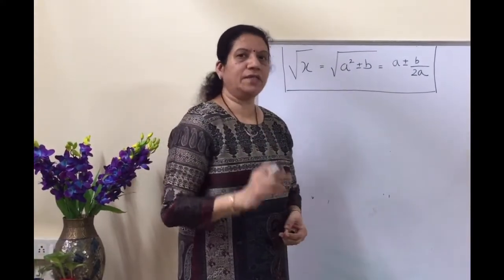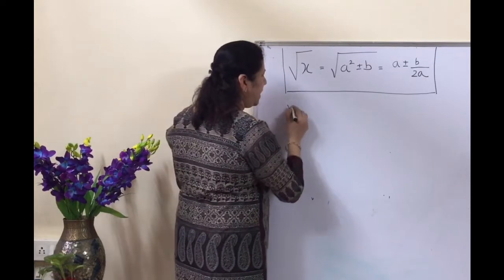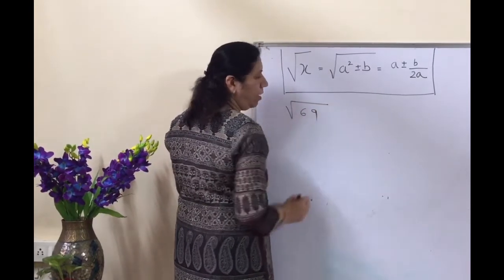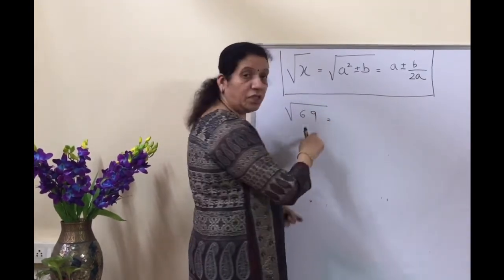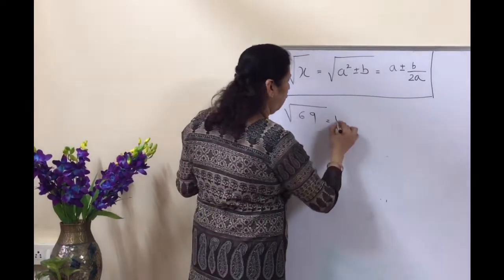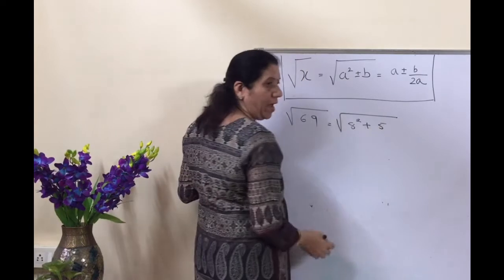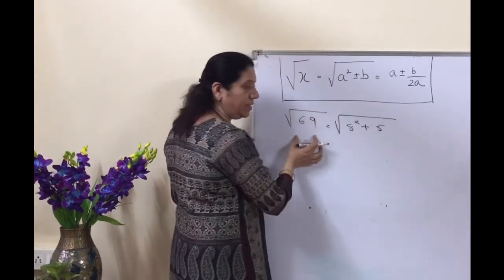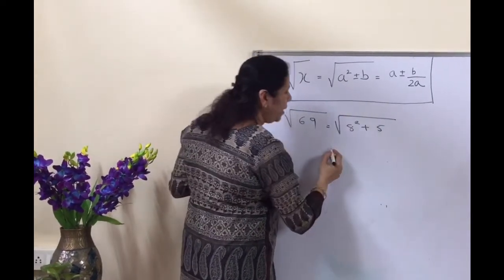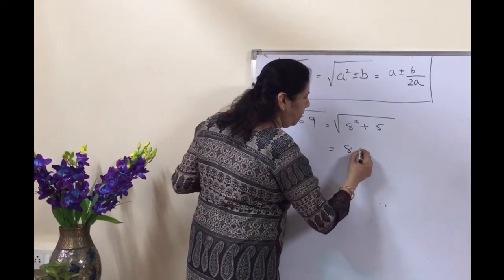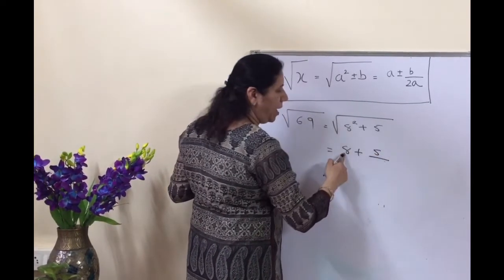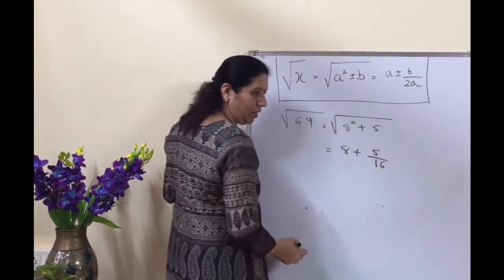Let us take one more example of similar type. Say 69. We want to find out square root of 69. So which is the nearest square? It is 64. So we can write down this as 8 square plus 5. 64 plus 5 is equal to 69. Now as per our rule, it is 8 plus 5 upon double this number, it is equal to 16.